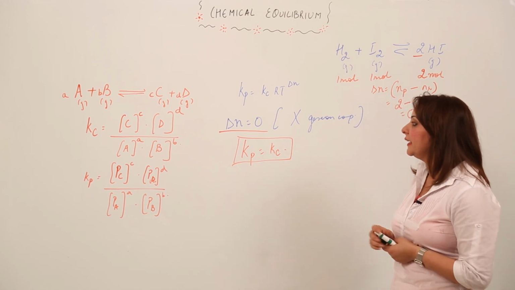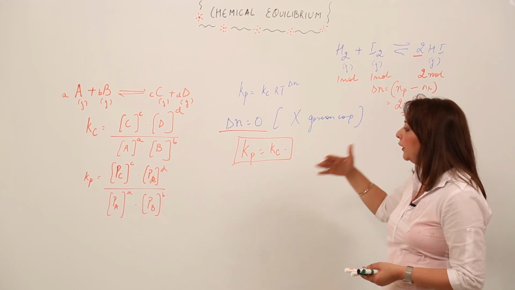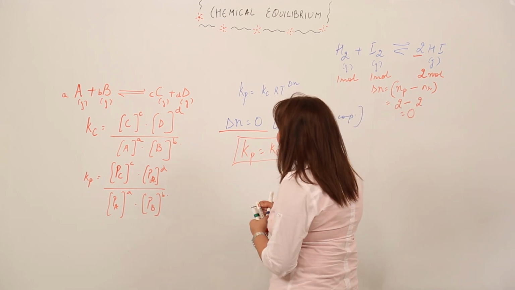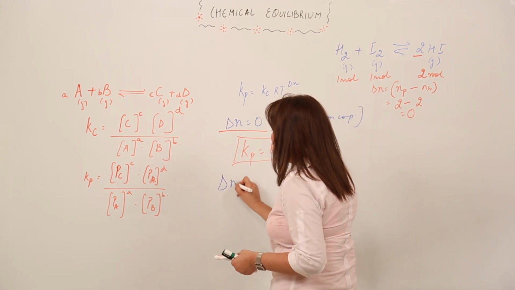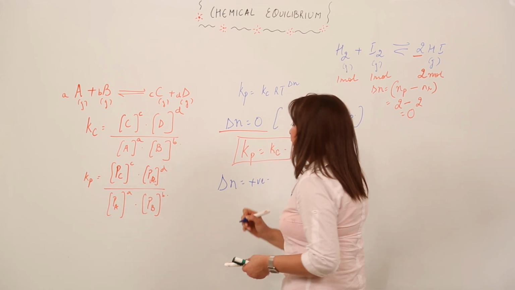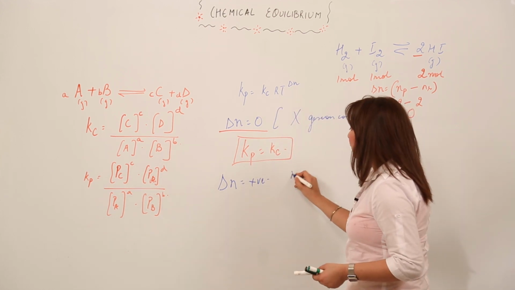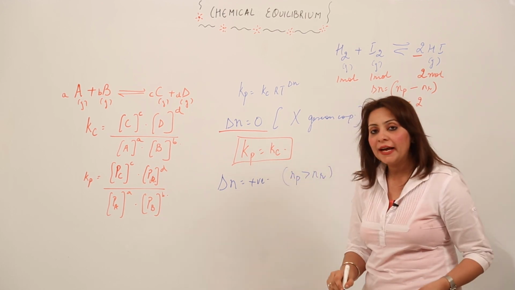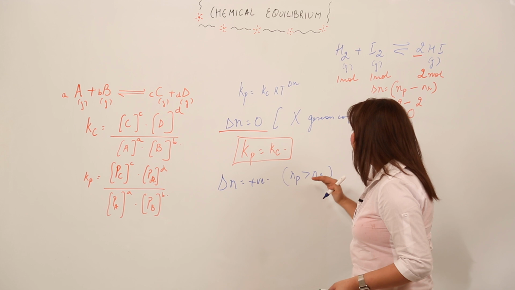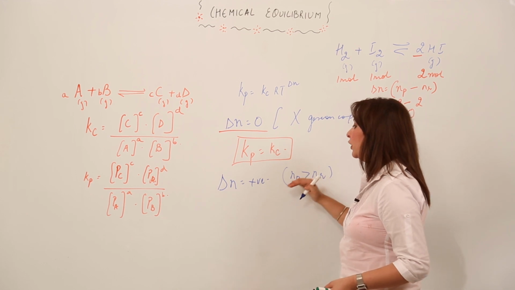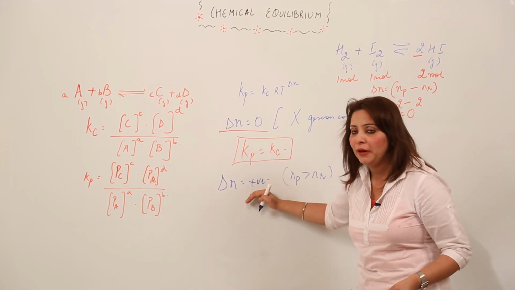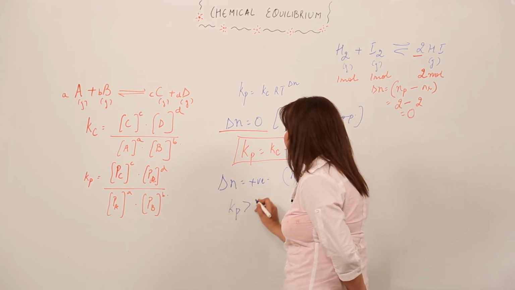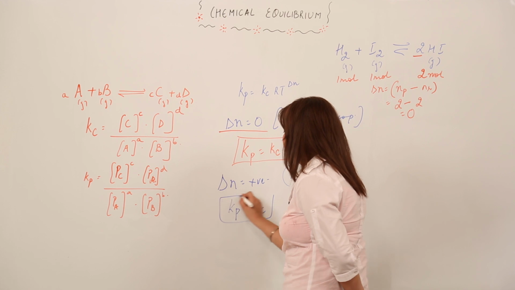Now we are going to discuss under what condition Kp is going to be greater than Kc. Suppose we have a reaction in which delta N is positive. Positive means the number of moles of products is greater than the number of gaseous moles of reactant. Then when we subtract the reactant moles from the product moles, we get a positive answer. So that corresponds to the state when Kp is greater than Kc.